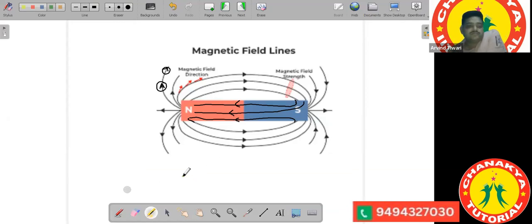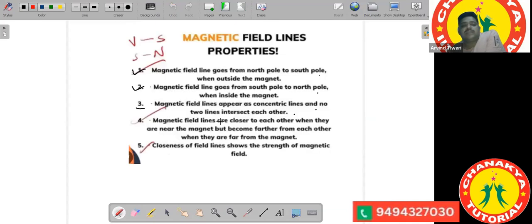Maybe you can see one, but this compass can't. The compass will always point in one direction. So due to this property, we say that magnetic field lines do not intersect, or no two field lines intersect each other.